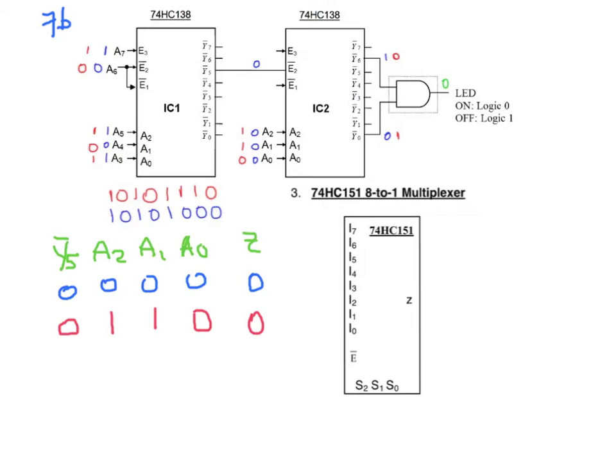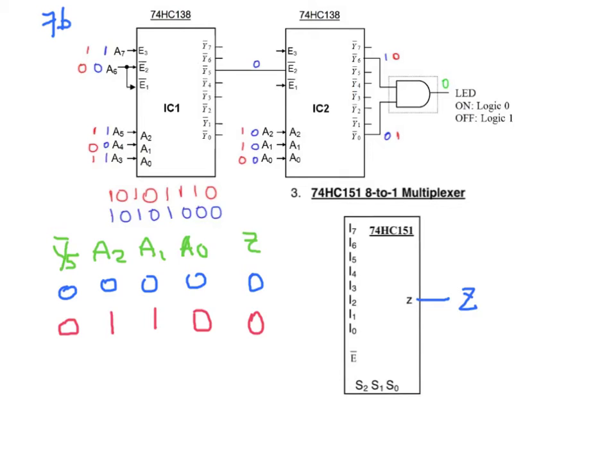So to produce this, we need to connect these signals W bar, A2, A1, A0 to E bar, S2, S1, and S0. And the output Z will come to this point. So let's draw the output Z first. As I mentioned earlier on, we need to connect these to E bar and so on.